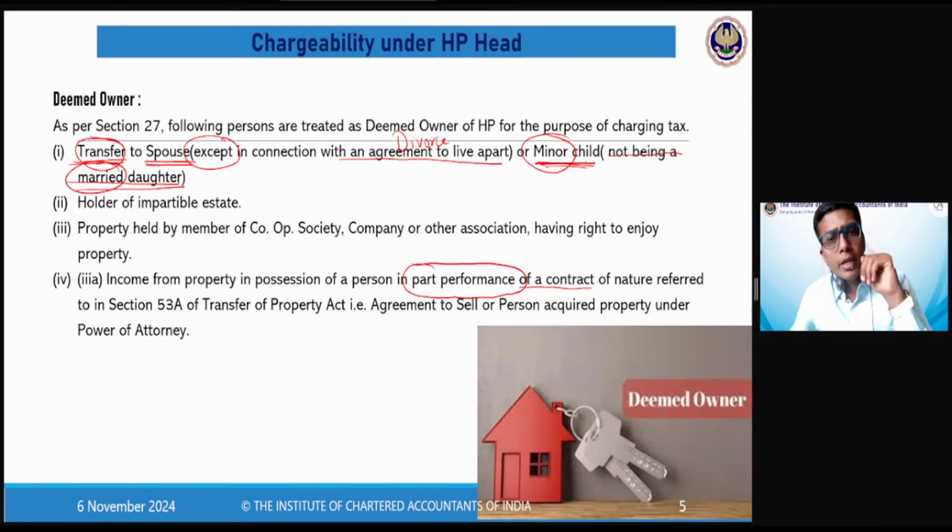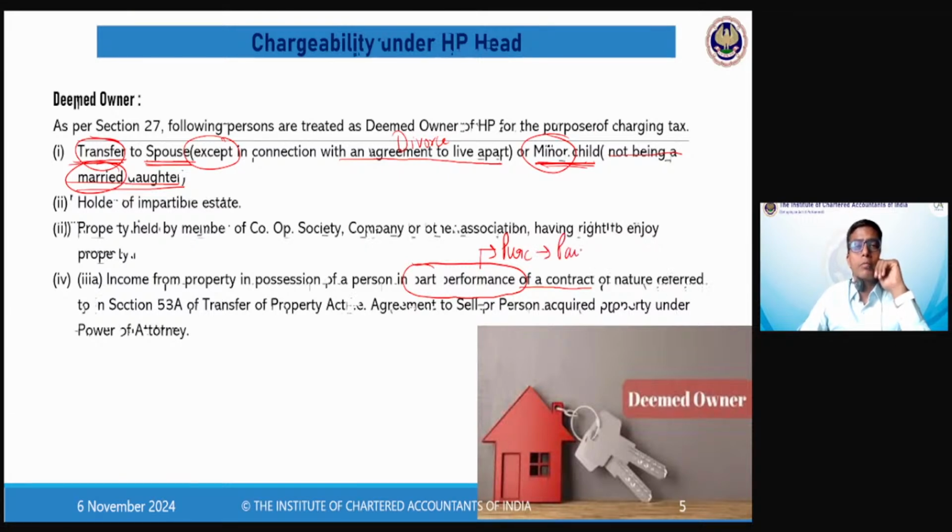In many cases, you have purchased a flat by making the payment to the builder, but for some reason, the builder has not yet transferred the flat in your name. The flat may still be in the builder's name or many times in the owner's name. This happens practically: you have purchased the flat, you are staying in the flat, you have made the payment, but still you do not have the document in your name.